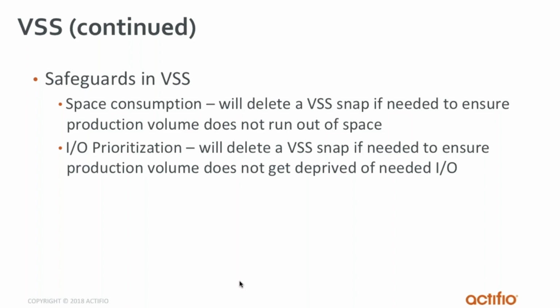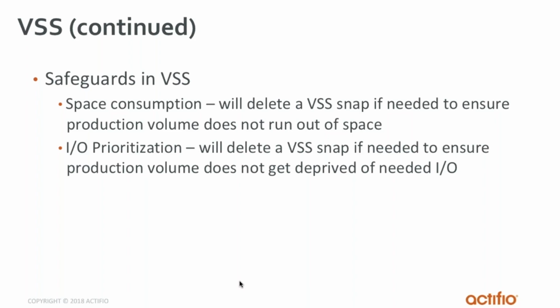So what Microsoft did is they said, we're going to prioritize the production volume's stability over the snapshot. And so if you start running out of space to handle storing all those changes, the VSS provider from Microsoft will automatically delete snapshots. I've seen this happen sometimes on a customer system where they don't have a lot of free space on their disks and they have a big database or a bunch of big databases.